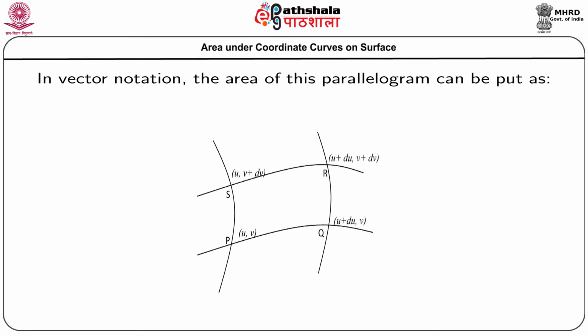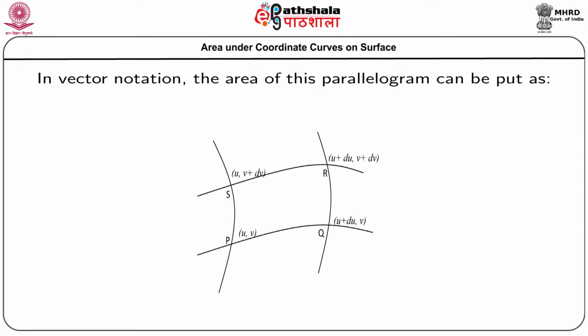The parametric curves, which are also known as U curves and V curves, will bound a region on a surface, and we are going to find the area under the bounded region between the parametric curves.